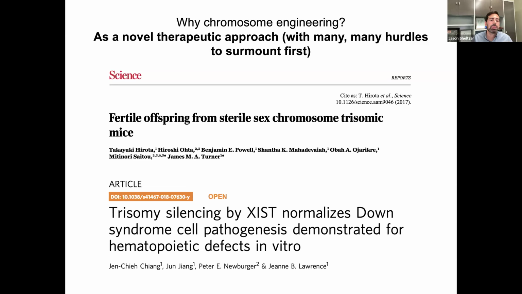So there are all sorts of hurdles in the way that make this incredibly challenging. None of this is going to happen immediately in patients. But I think that there is exciting research being done right now in cell culture systems and in mouse models that underscore how chromosome engineering may be useful as a therapeutic approach to treat diverse chromosome disorders in the future. And this is something that we're very excited about.